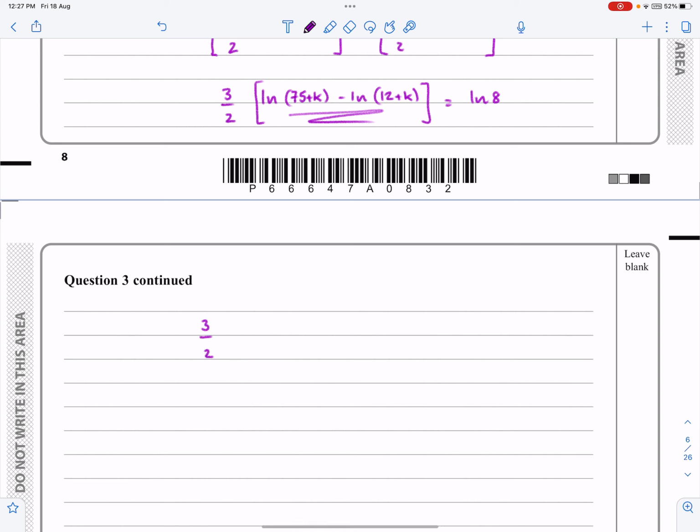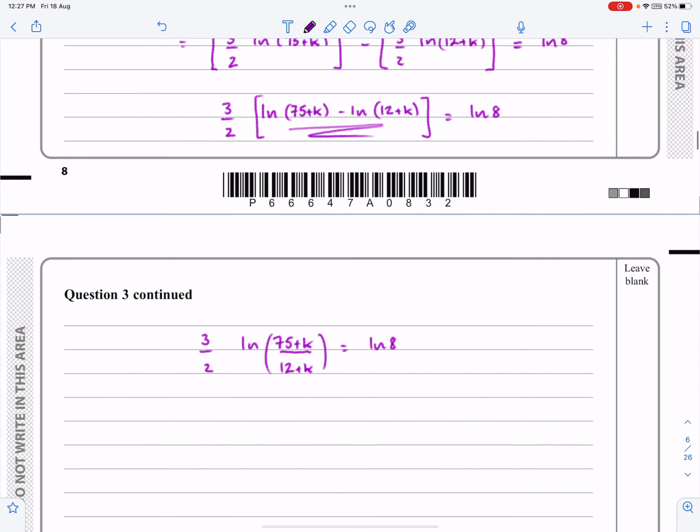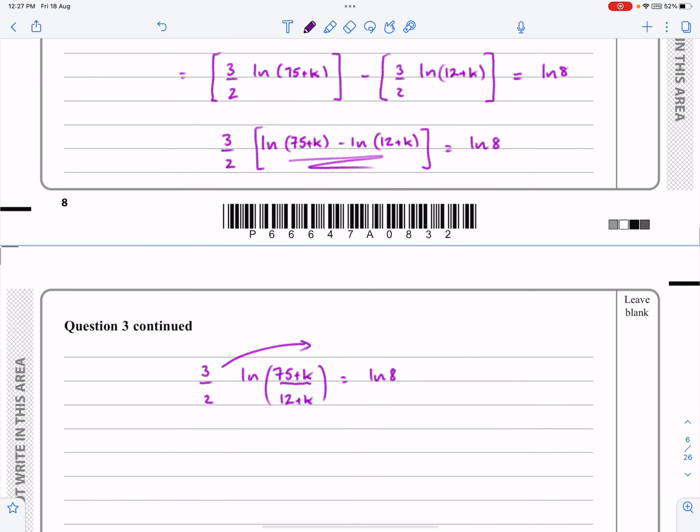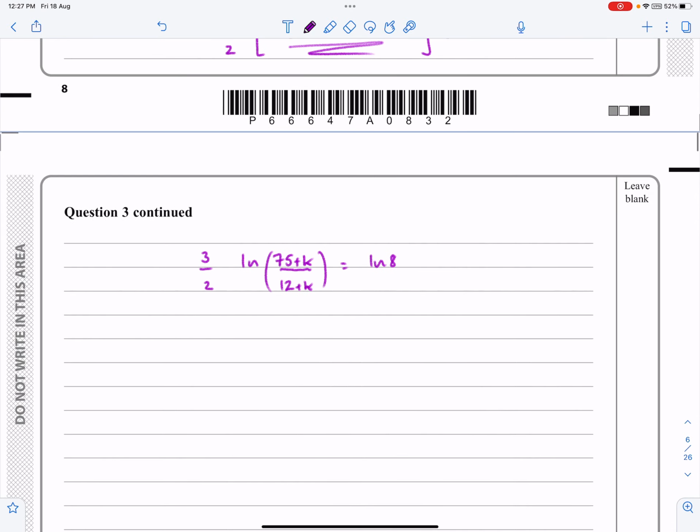So I'm going to say that's 3 over 2 log of (75 plus k) over (12 plus k) equals log 8, and then I'm going to use the power rule. That can just go back up there, can't it? So I'm going to get (75 plus k) over (12 plus k), all to the power of 3 over 2. We'll leave the logs in for one last step.